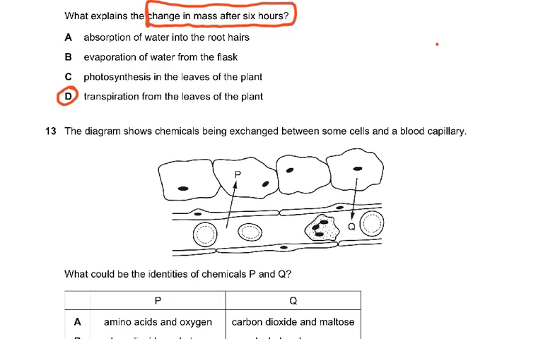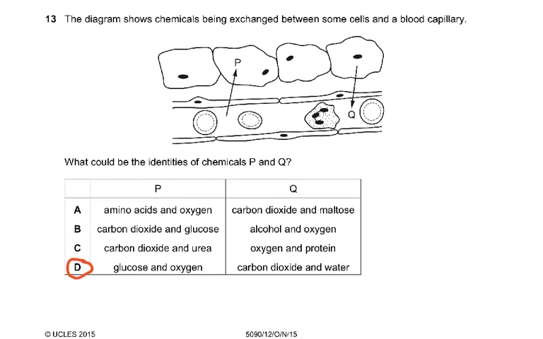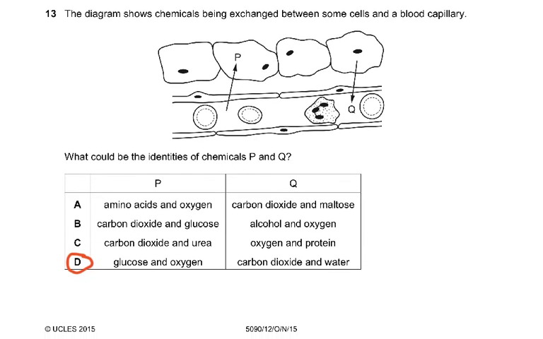So, question number 13. The diagram shows chemicals being exchanged between some cells and a blood capillary. What could be the identities of chemical P and Q? One of them is diffusing from the blood plasma into the cells, and the other is from the cells into the plasma.